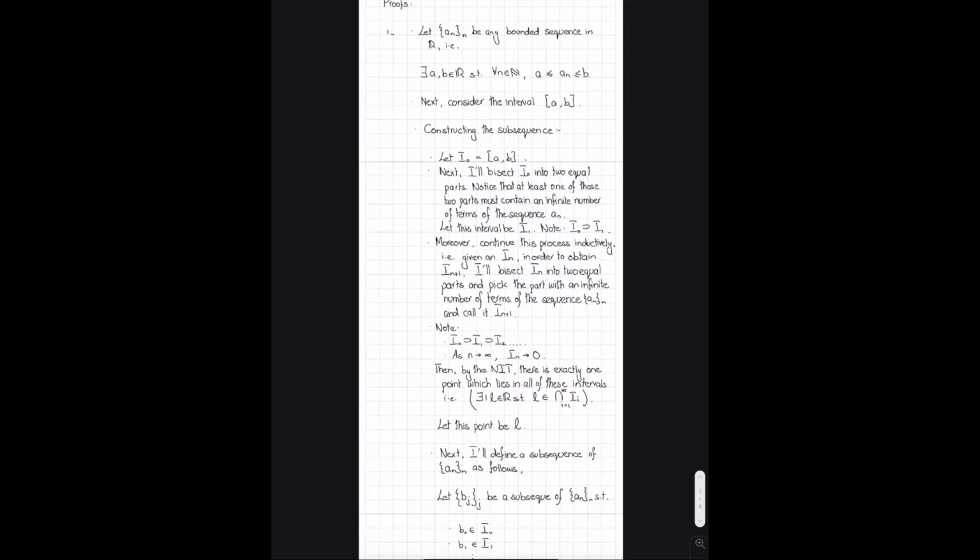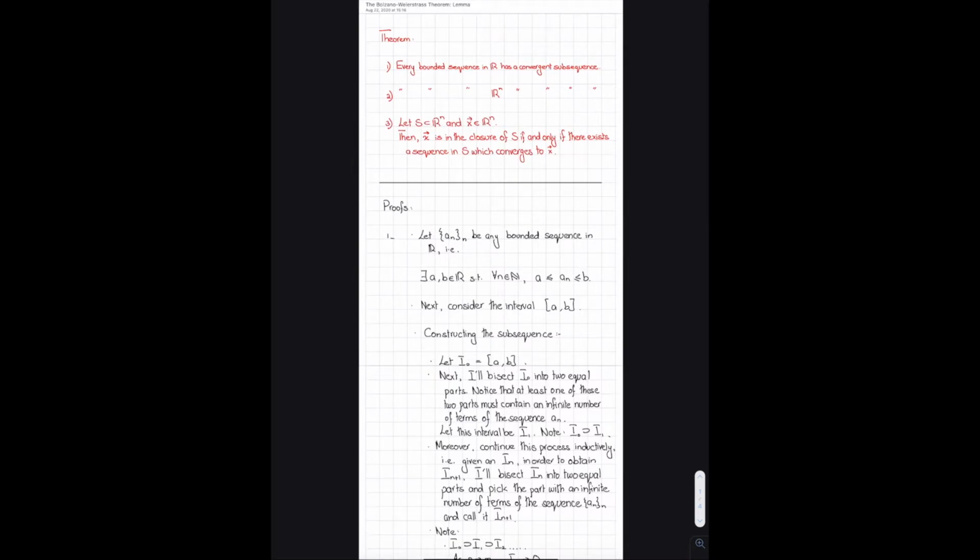I find it a little bit more elegant. But of course, you can go ahead and use the monotone convergence theorem, and there are also other ways to prove it. So yep, that's the first proof, that every bounded sequence in R has a convergent subsequence.